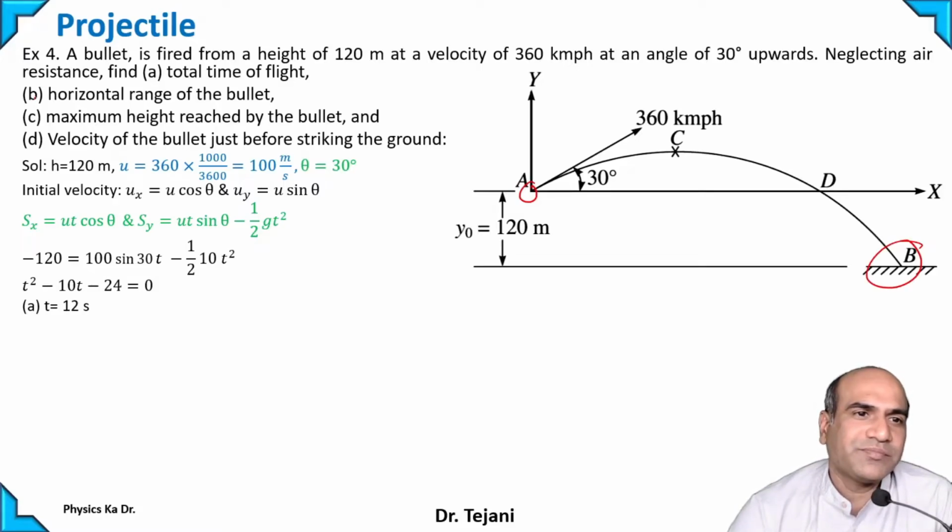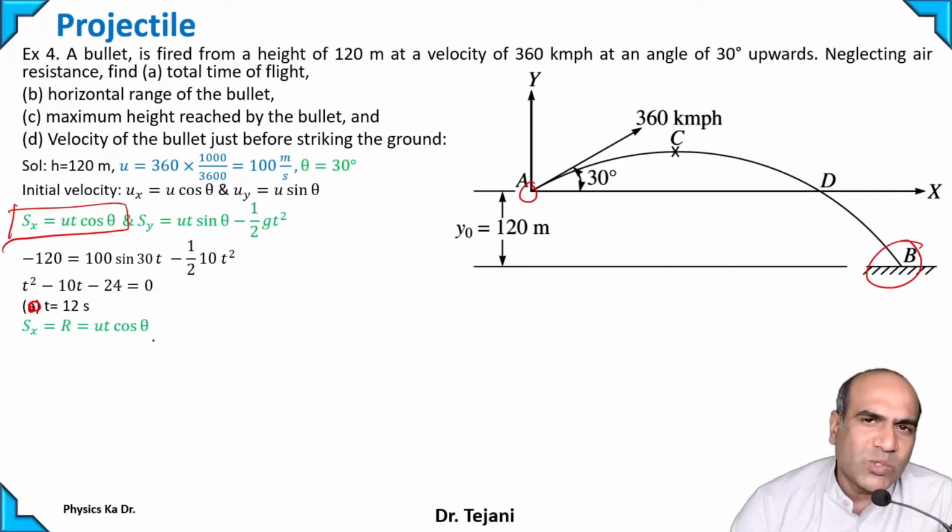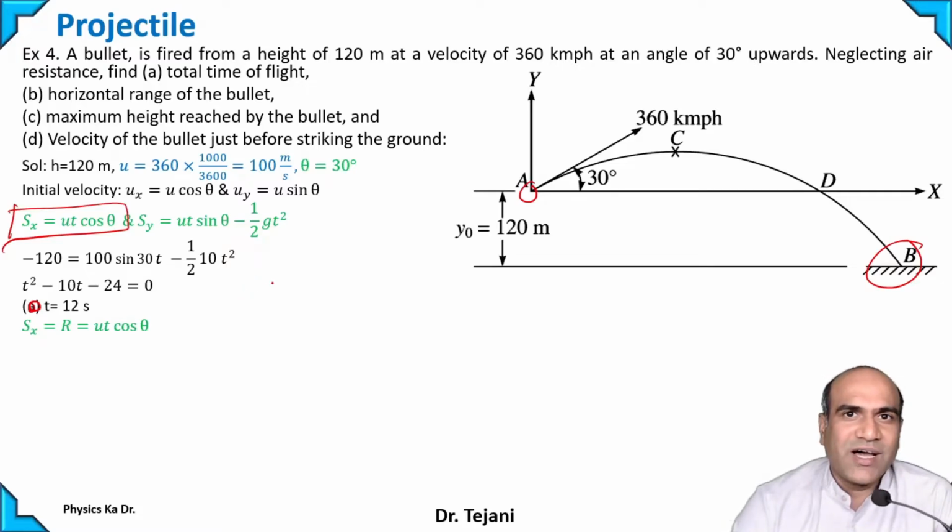So we got time. Time was asked, velocity was asked, maximum height is asked, and then the horizontal range of the bullet is asked. So now what next? We can get the range by using this equation: Sx is equal to R, or you can say x is equal to ut cos theta, and put the values. t we got just now, 12 seconds.